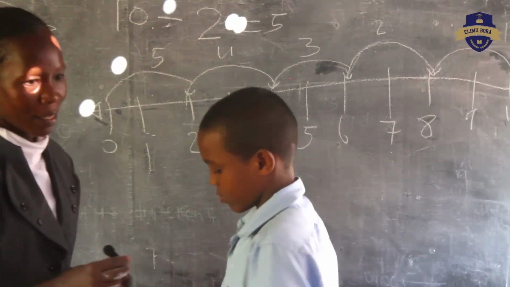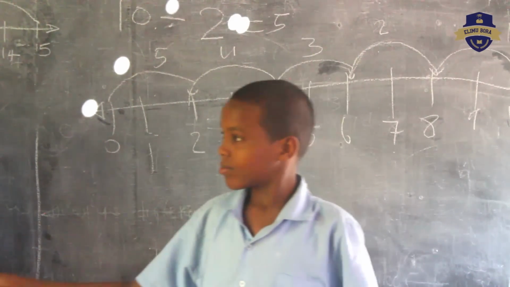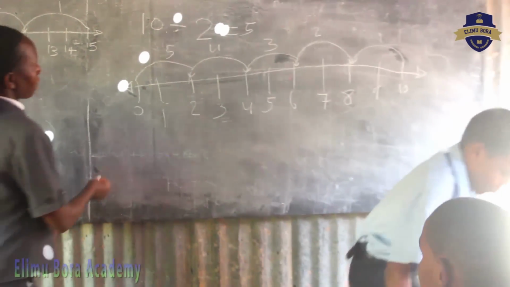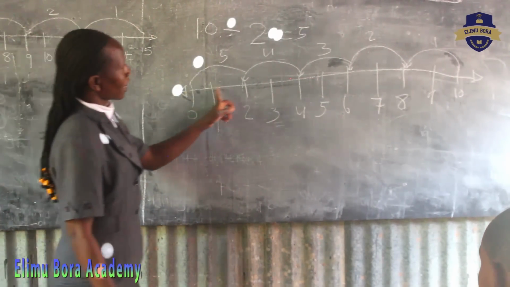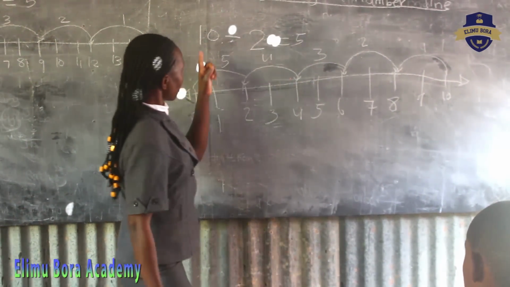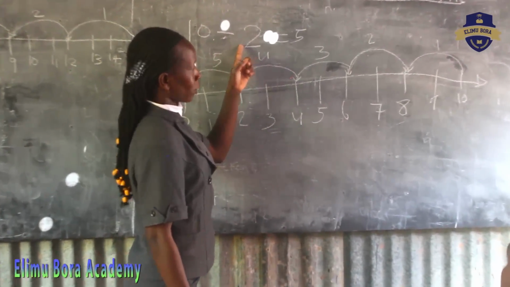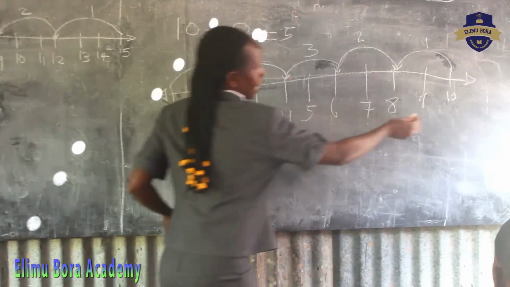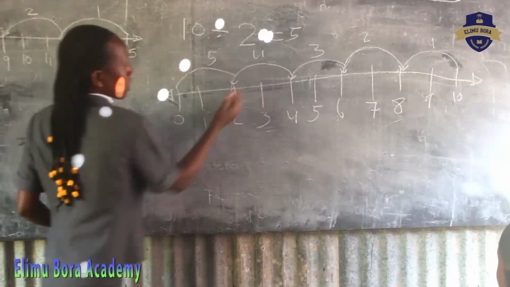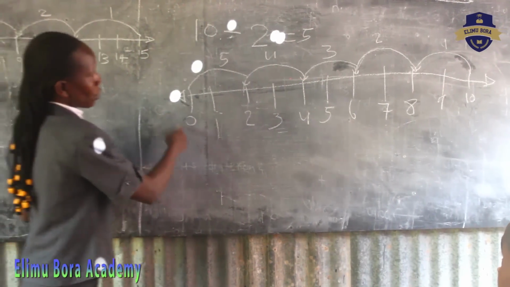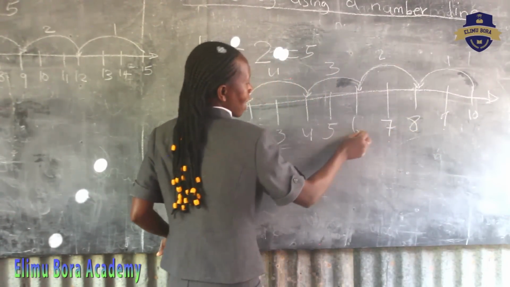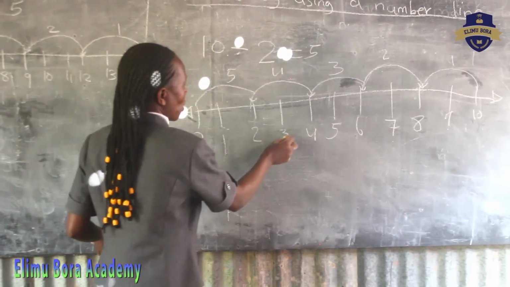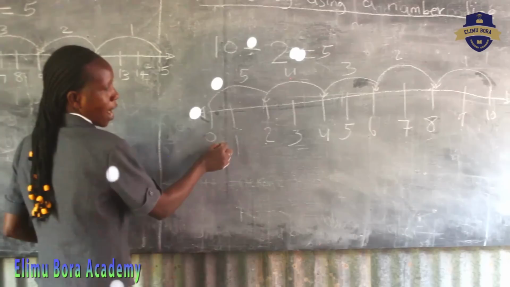So we have drawn a number line. First of all, we have drawn a number line. Then we have 10 divided by 2. We start at 10 and go until we get to 0. So we have 10, 9, 8, 7, 6, 5, 4, 3, 2, 1, 0.